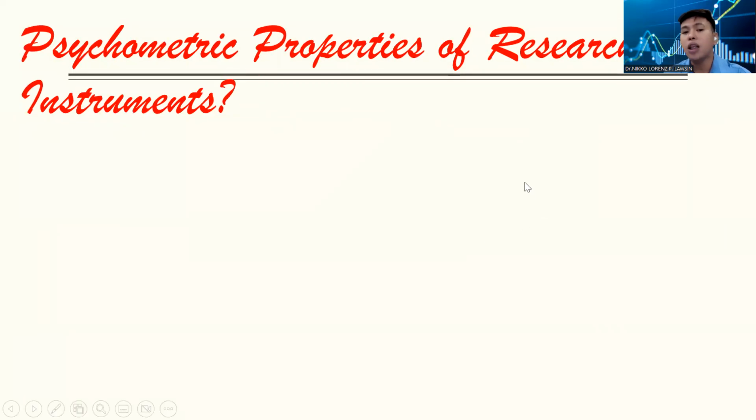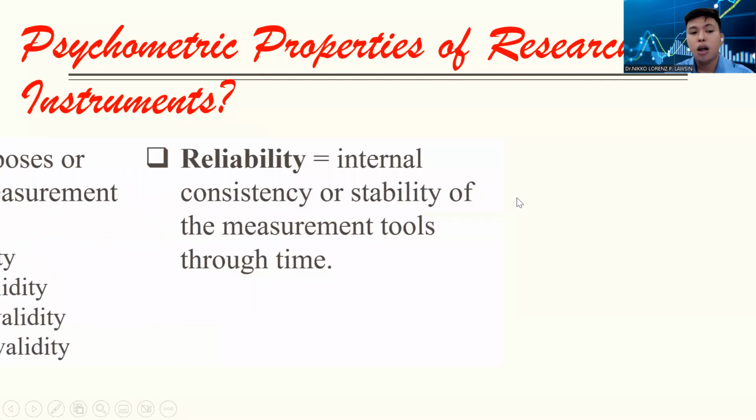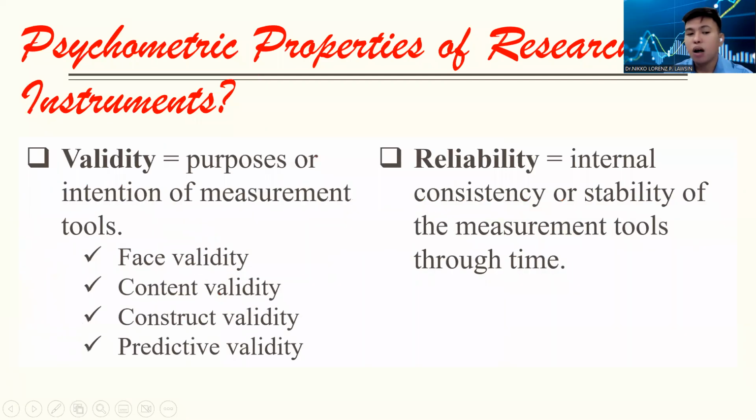Now, what are the psychometric properties that a research instrument should possess? Number one, validity, or the purpose or intention of the measurement tool. The purpose, the objective of the research instrument, why you utilize it. There are at least four properties that these instruments should possess. First, face validity.